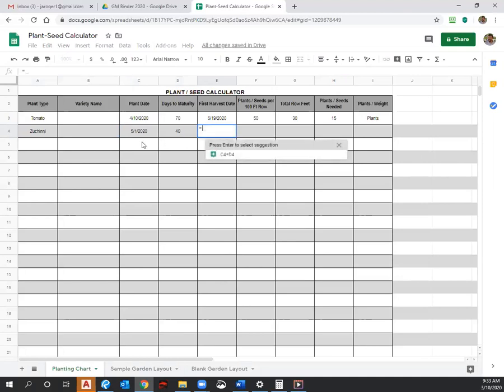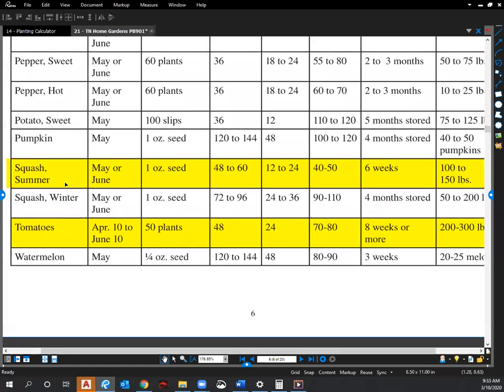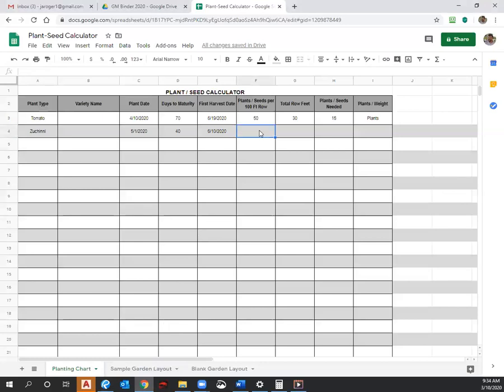If you're in the spreadsheet, it's going to be plant date plus days to maturity. Nice and easy. We need 1 ounce of seed for 100 feet. Over here, so I'm just going to put 1. And 1 ounce.